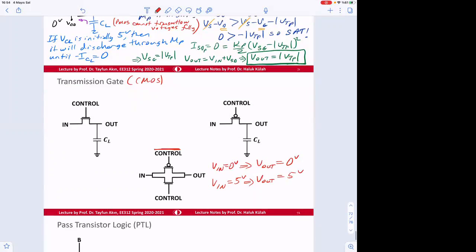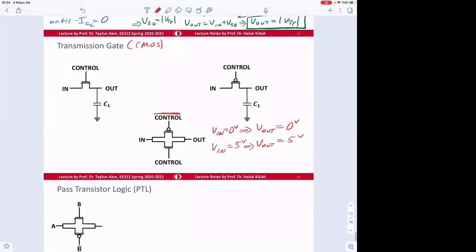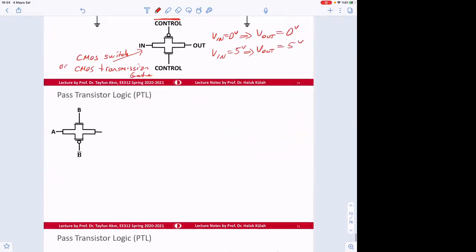Okay, so that's what we use. So we call this thing CMOS switch or CMOS transmission gate. Okay, so the pass transistor is used here.